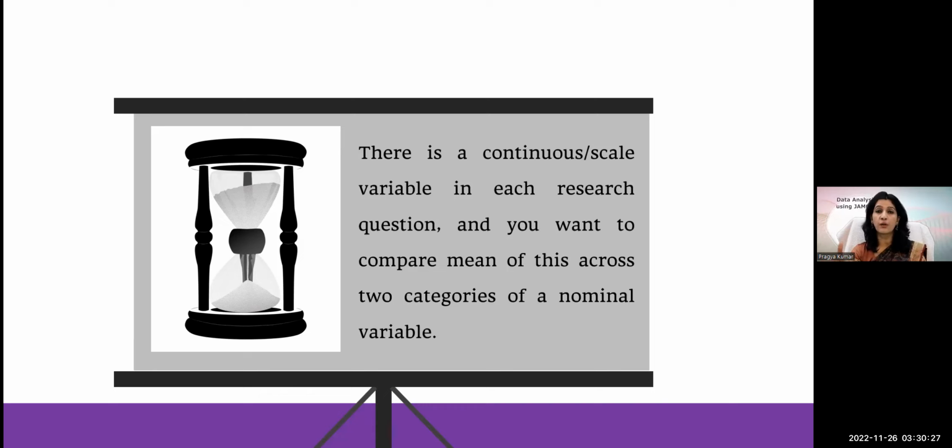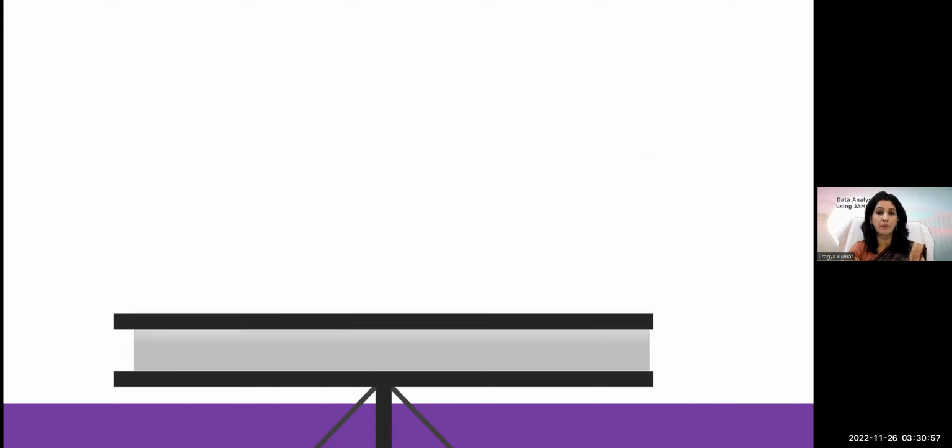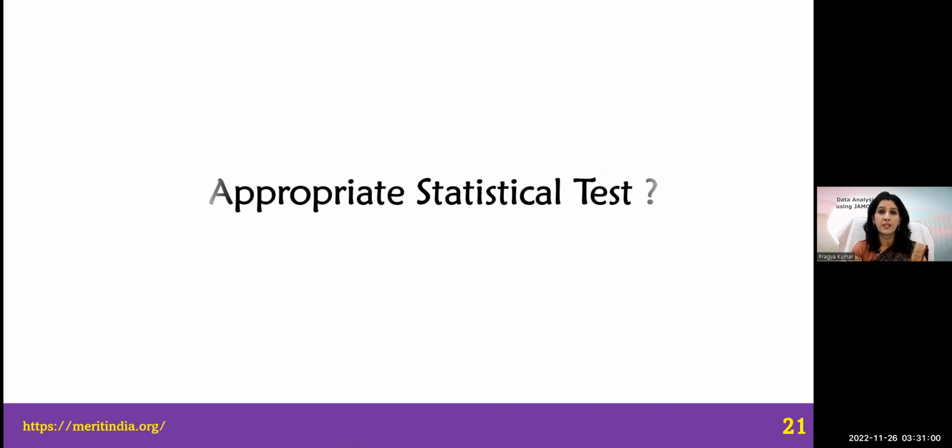These three examples are continuous variables, and we are studying them across the two categories of a nominal variable, like history of cardiovascular disease versus no history, surgical technique 1 versus surgical technique 2, or good quality of sleep versus poor quality of sleep. So across two categories of a nominal variable, if you are studying a continuous value, the mean score of that, you can apply this independent sample t-test.